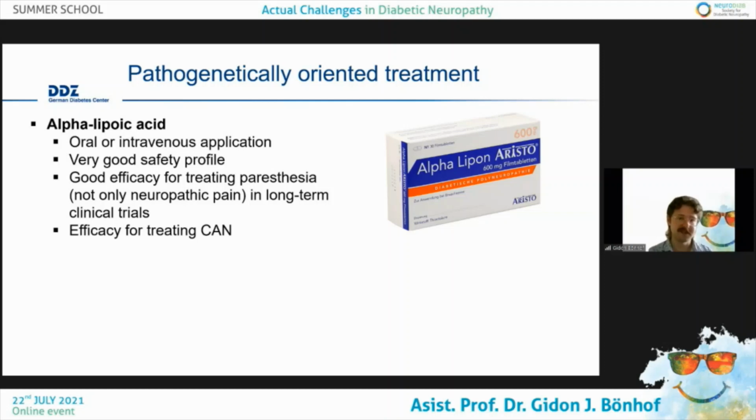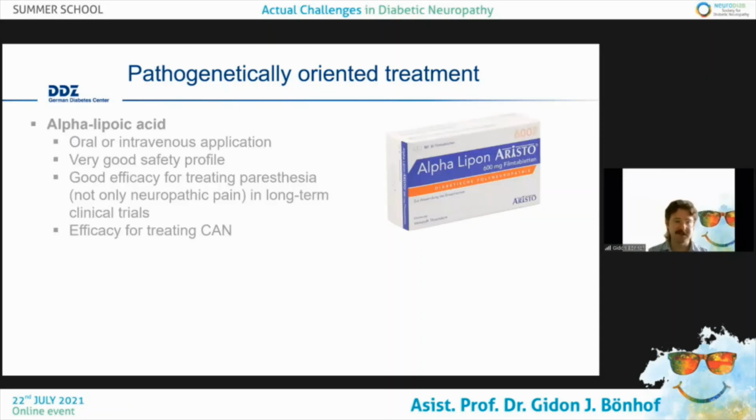There are painful sensations, there are non-painful sensations that are also debilitating. Like tingling, so they cannot sleep anymore. Alpha-lipoic acid was tested also for treating paresthesia. And as we have heard previously, it's also efficient for treating autonomic neuropathy.